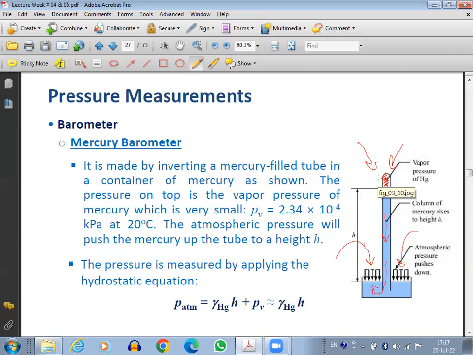Through this, we determine how much the atmospheric pressure is, that is, how much atmospheric pressure can hold this column length of mercury.